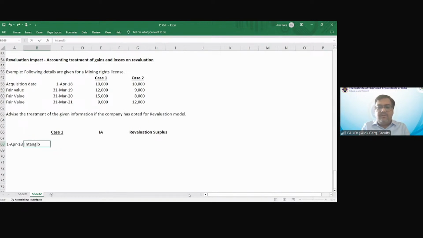Intangible asset to bank. What is the value? 10,000. Any amount in revaluation surplus? No, sir. Zero. On day one, it is zero.